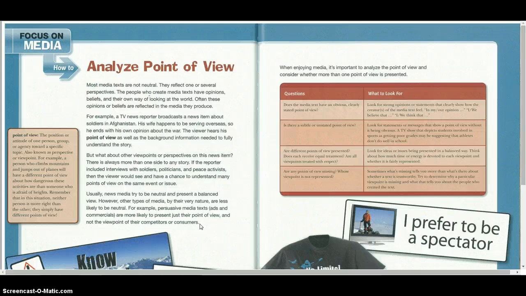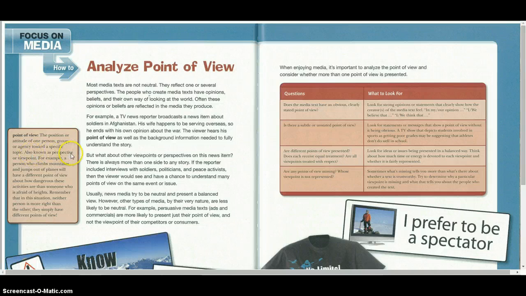All right, so let's review what is point of view. Point of view is listed here in this little box. Basically, remember this: the position or attitude of one person, a group, or an agency like an advertising agency toward a specific topic. So it's their position, their attitude, of just one person, a whole group, or an agency toward a specific topic.